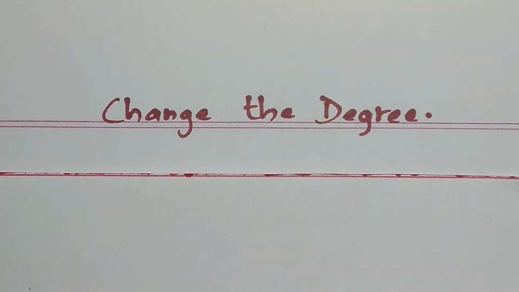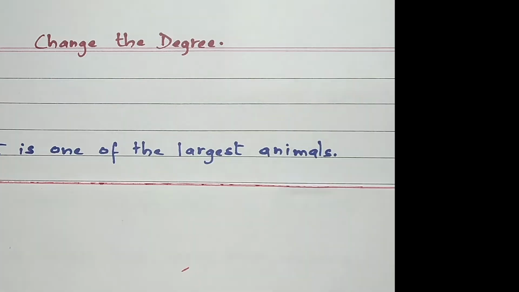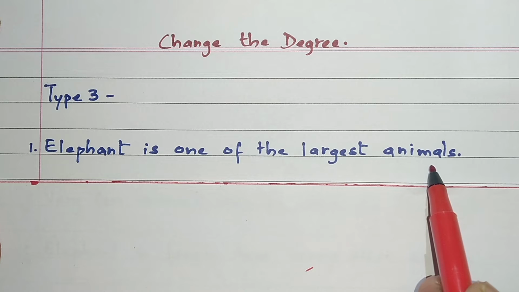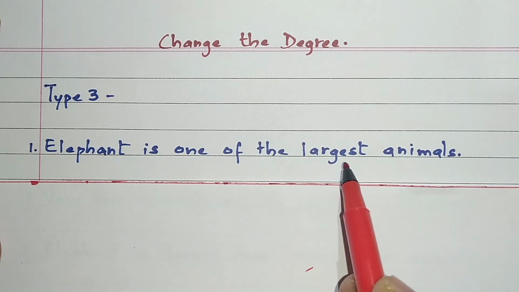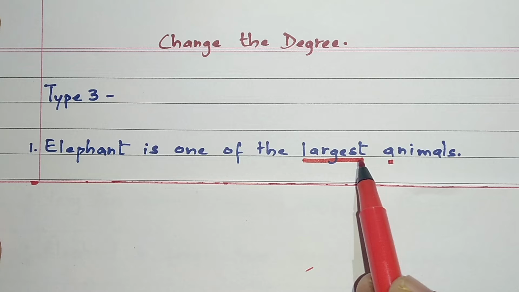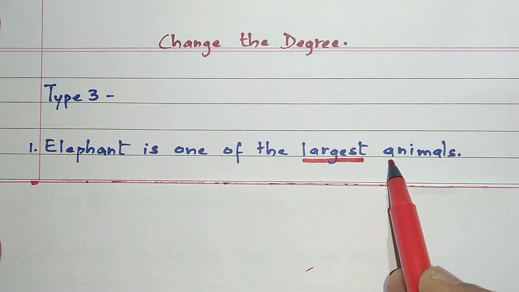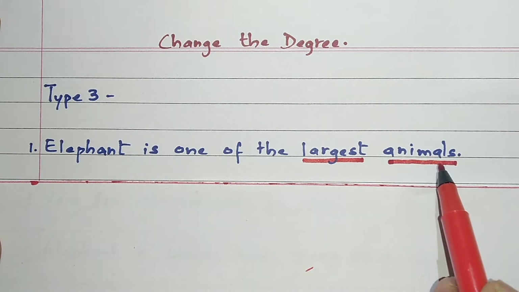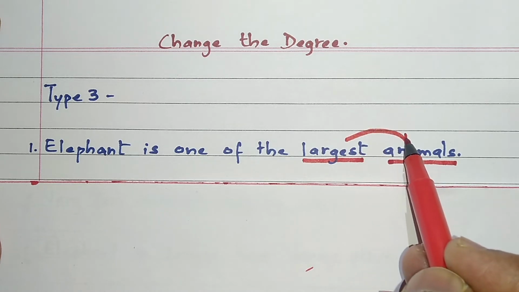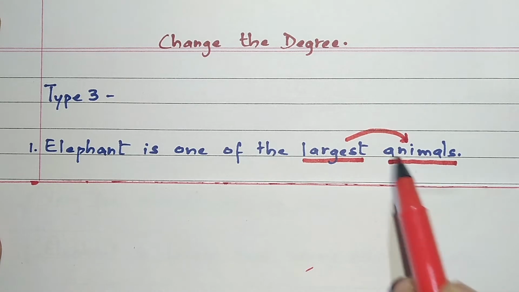This is the third part of the video on change the degree. See this example. Elephant is one of the largest animals. First of all, largest is the adjective here. It qualifies the noun animals. In other words, it tells more about this noun animals.